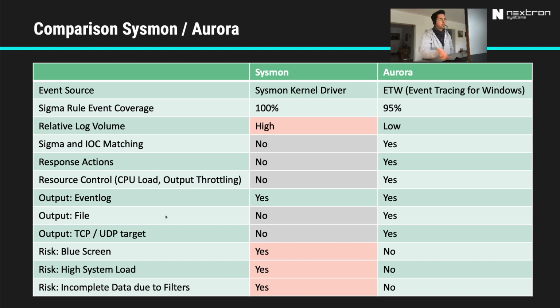So we have different outputs. Sysmon and Aurora output to the local event log. That's also the default output for Aurora. You can configure it to output to a local file, to a TCP or UDP target, to a target transported via TCP or UDP.